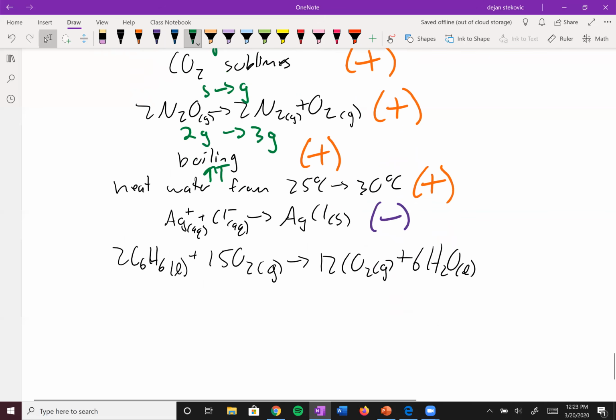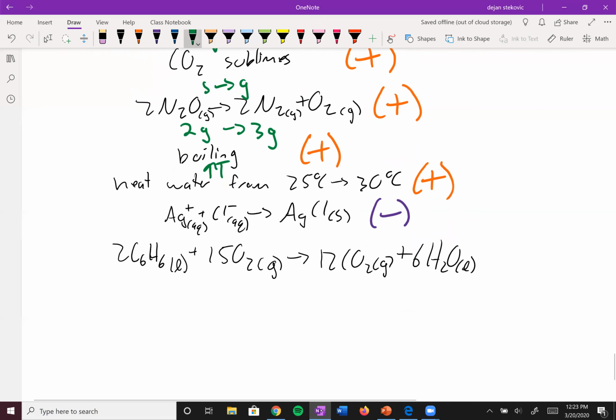All right, so this next one is probably the trickiest thing. You're looking at this and saying, okay, there's a whole bunch of stuff happening here. So we have liquids here, and we have gases here, and we have gases here.